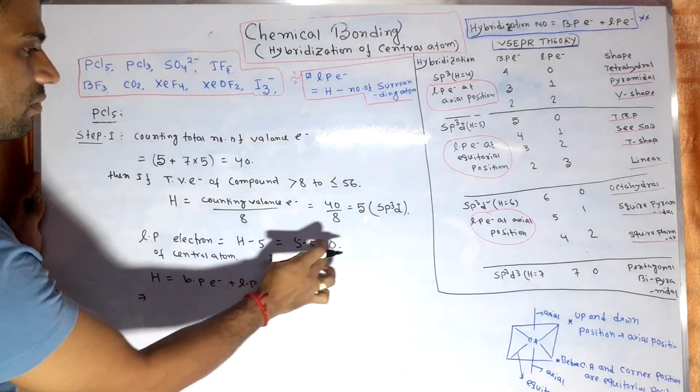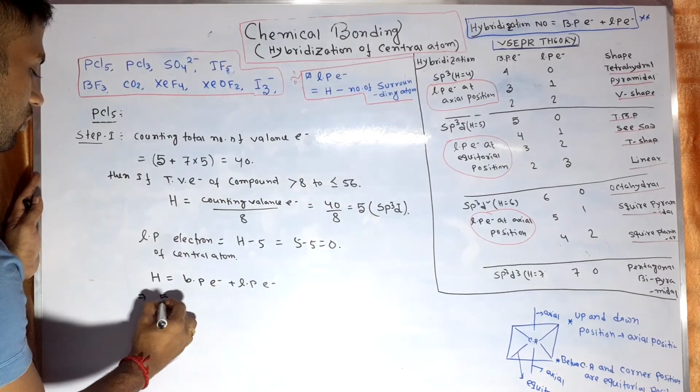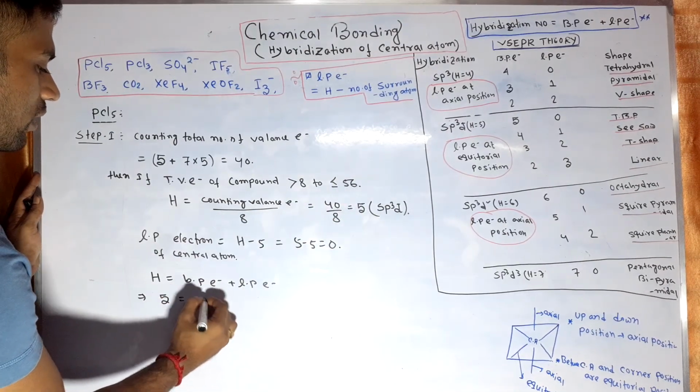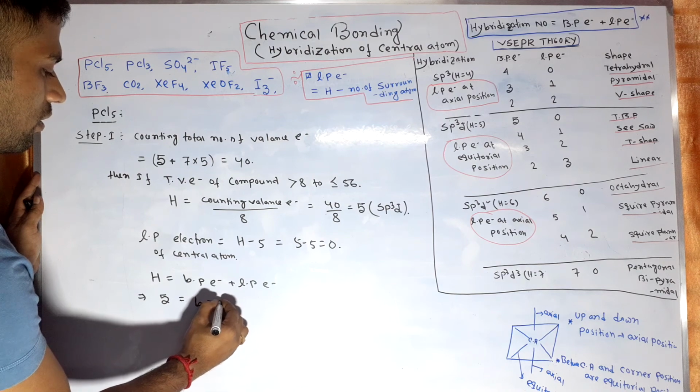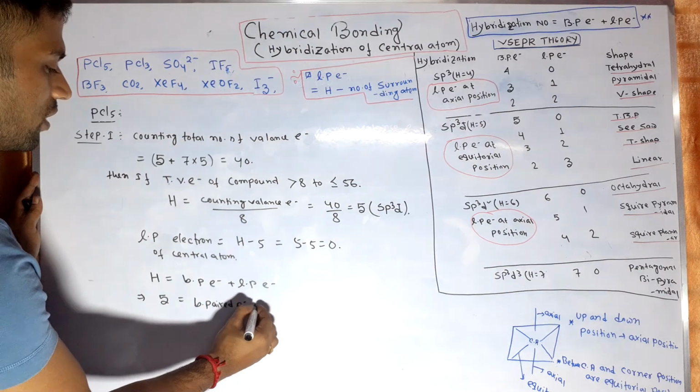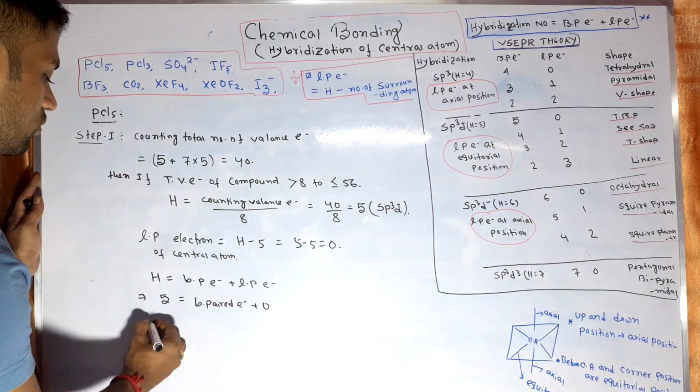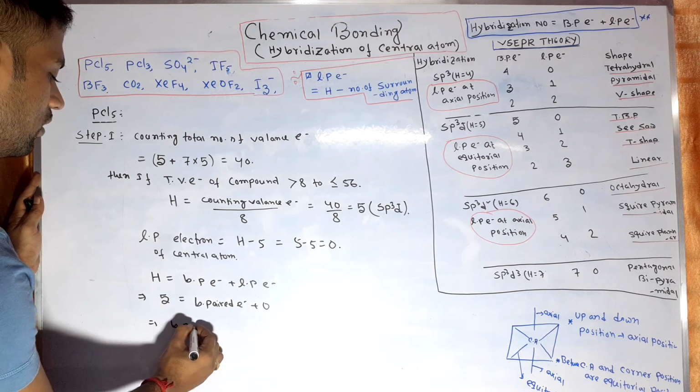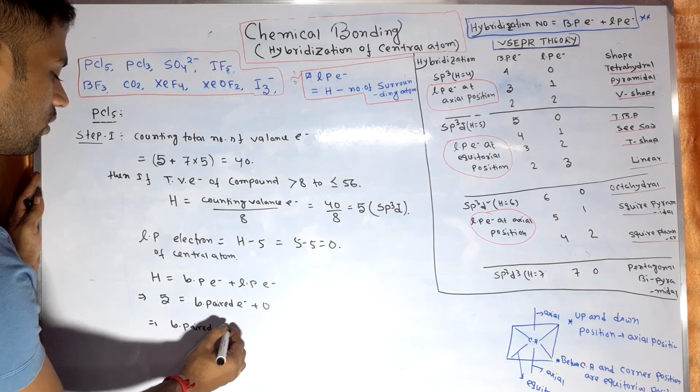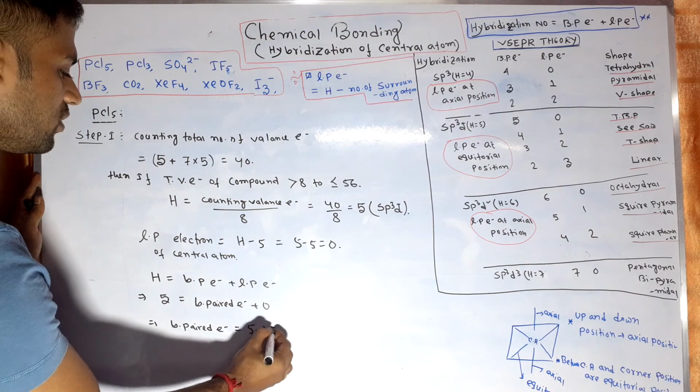Total hybridization number 5. We cannot know bond pair electron, but lone pair electron is counted 0. So bond pair electron is 5 minus 0, that means 5.